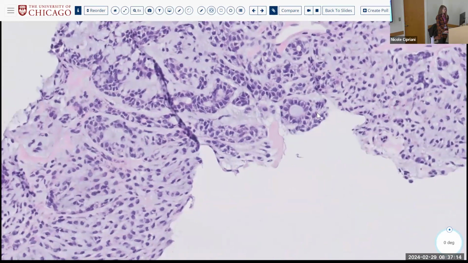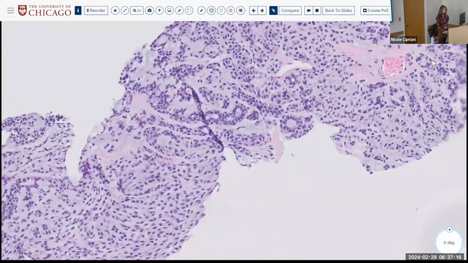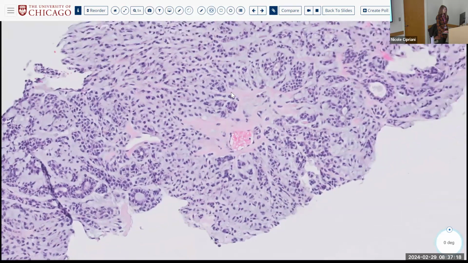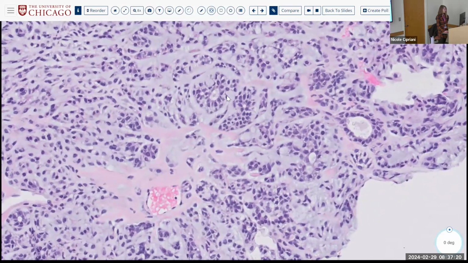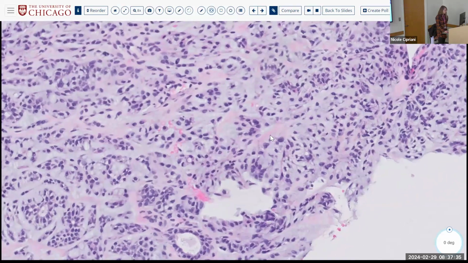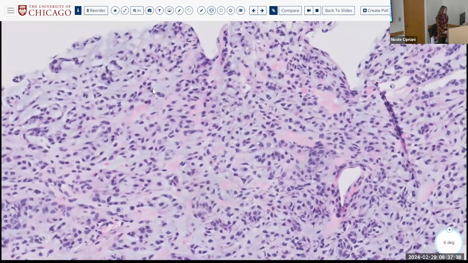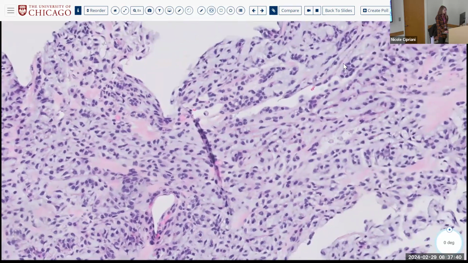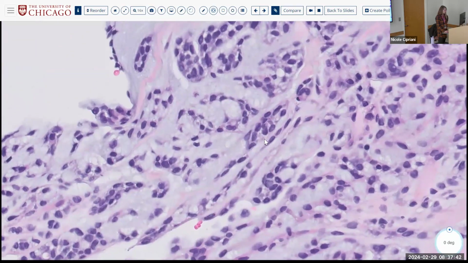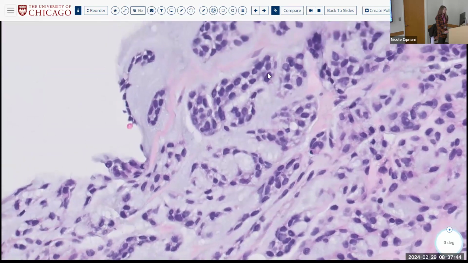There's one there. What is a little bit different, maybe I would argue, in some of these ducts is the prominence of the bilayered. Maybe the nuclei are a little bit wrinkly and dark.